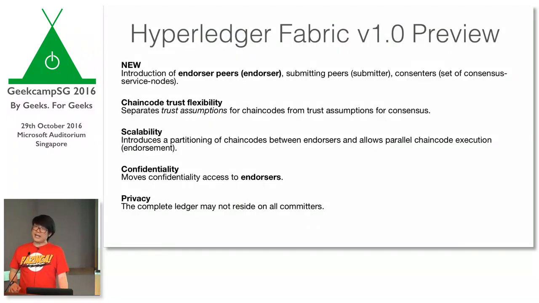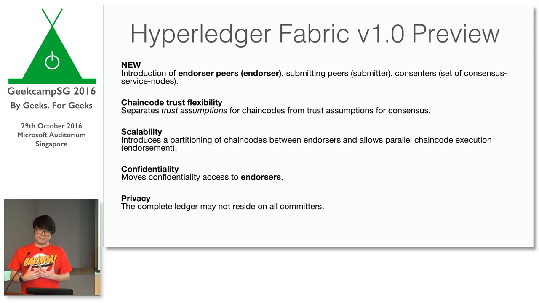There is one major change going forward in the version 1.0 preview. They're splitting up the peers. Previously peers were nodes and consenters, essentially these two.